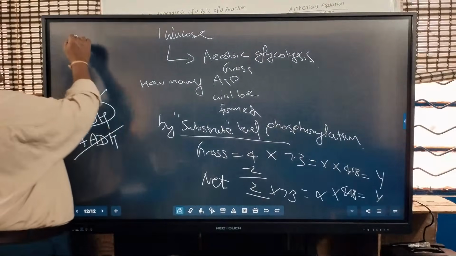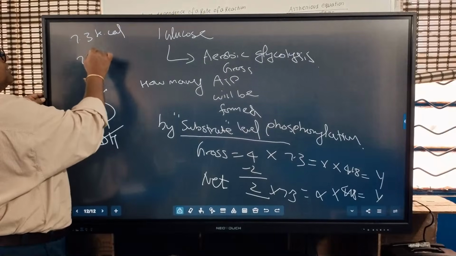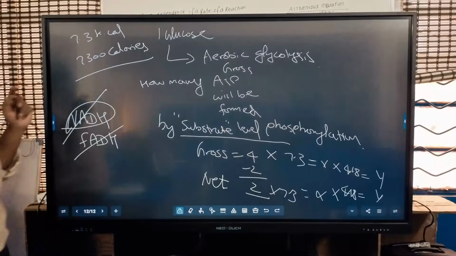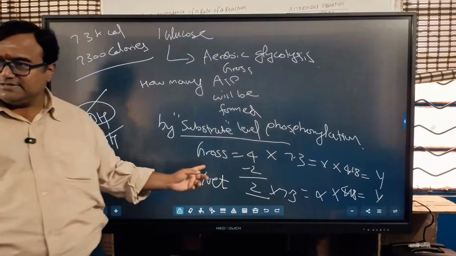You know very well that 7.3 kilocalories is equal to 7,300 calories, because 1 kilocalorie is equal to 1000 calories. So you should know how to convert kilocalories into calories, calories into kilocalories, kilojoules into joules, and joules into kilojoules.